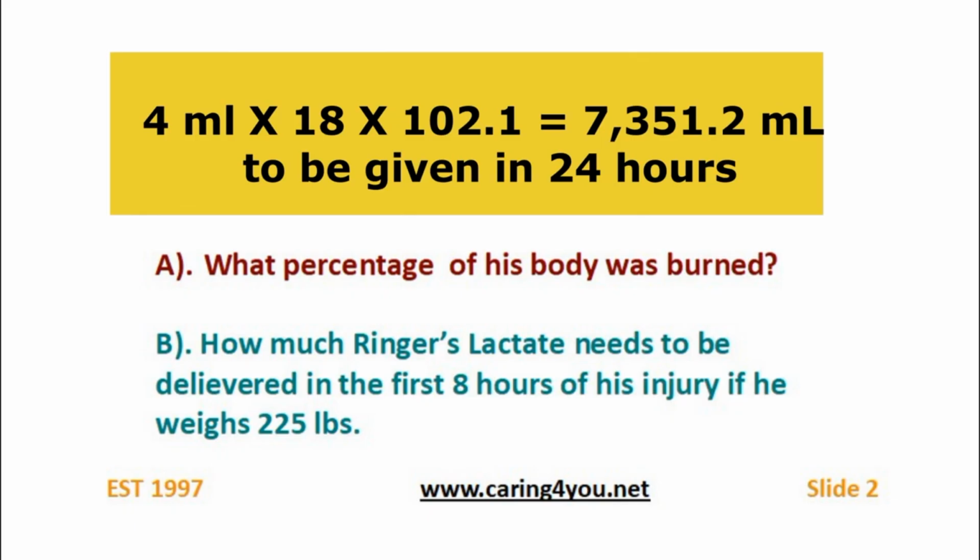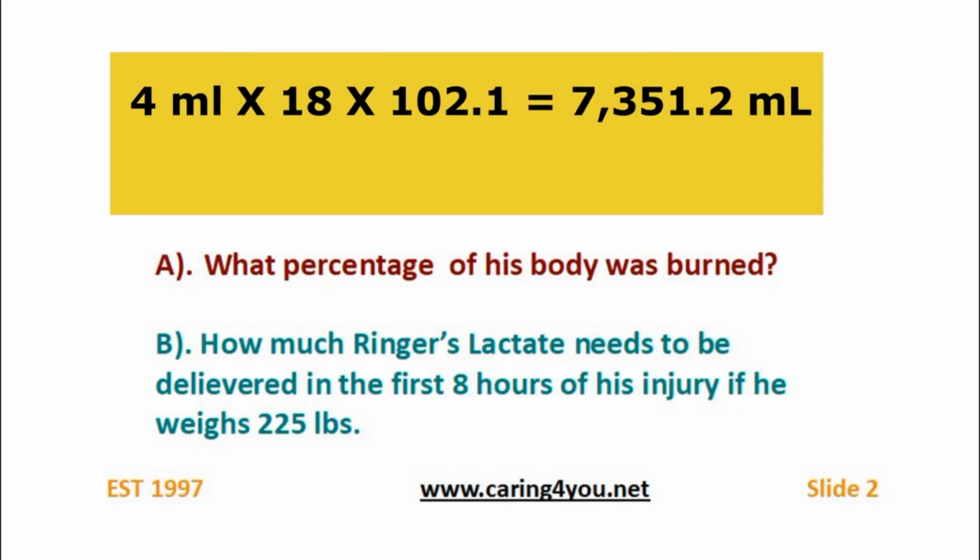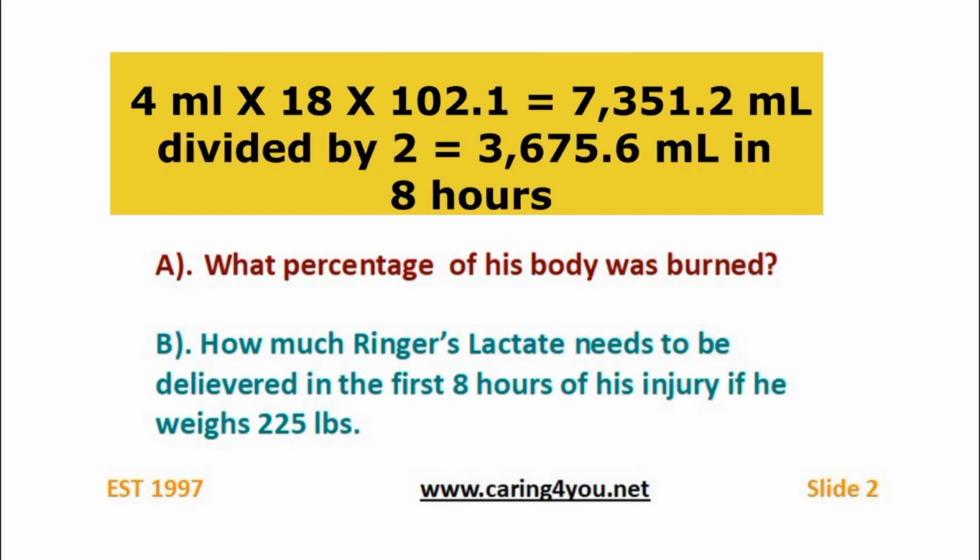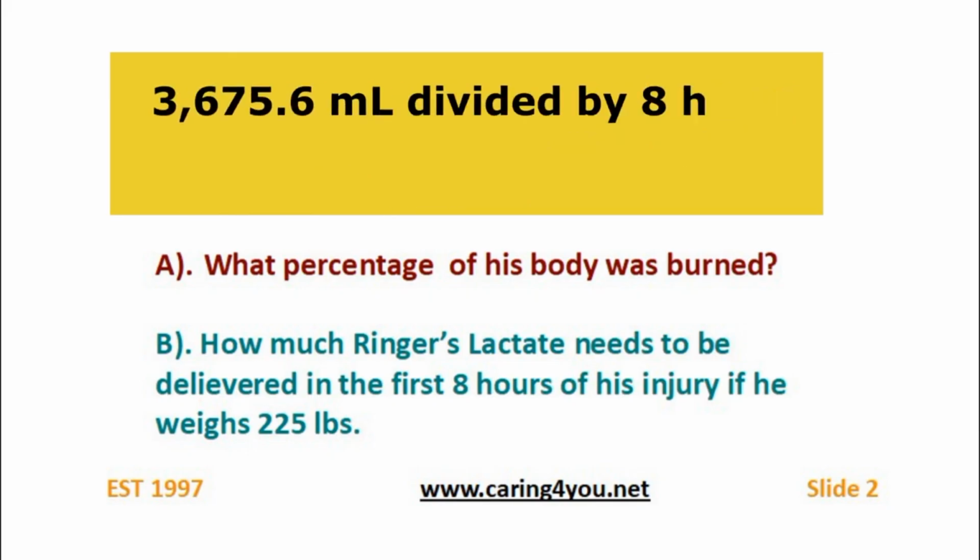But this question asked needs to be delivered in the first 8 hours. So we take the 7,351.2 and we divide that in half for the first 8 hours. Remember, we give half of the solution in the first 8 hours, and that would be 3,675.6 divided by 8.